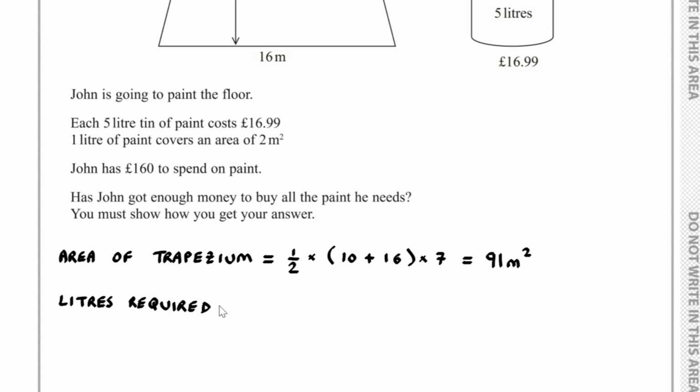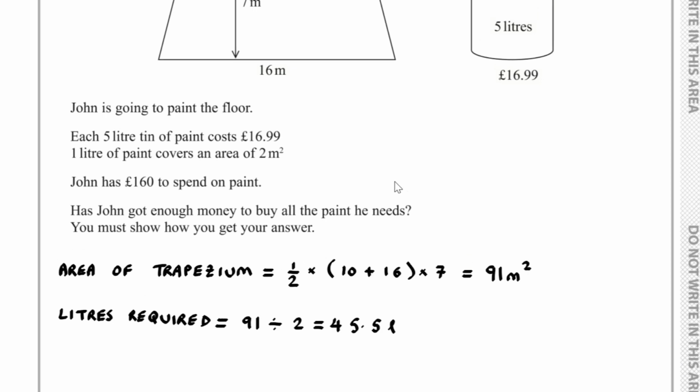The number of litres required, well, we've got an area of 91. 1 litre of paint covers 2 meters squared, so 91 divided by 2, that tells us we need 45.5 litres. And now what we can do is find out the number of tins we require.